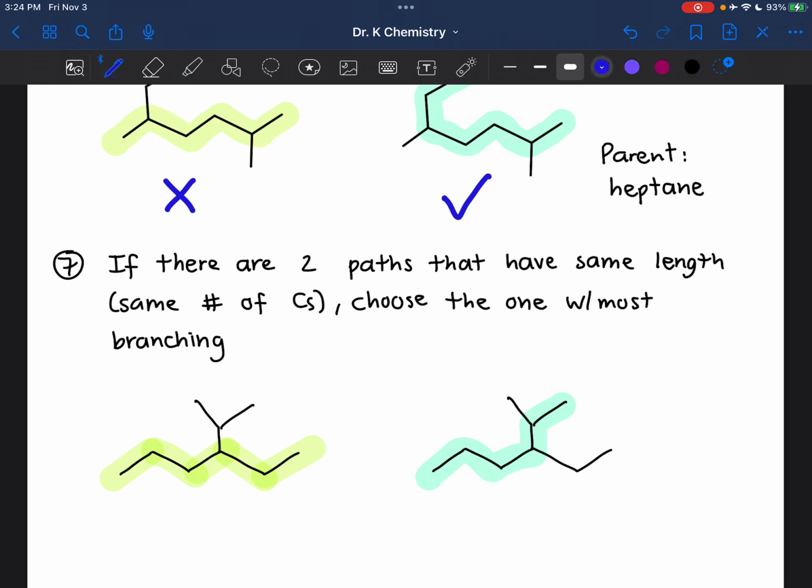And then I have to decide, well, which version do I want to prioritize? In the version on the left, it looks like I have 1 substituent. I would have an isopropyl group there. And I'll just highlight that in a different color. In the version on the right, I have 2 substituents. I would have a methyl group and an ethyl group. And I want the version that has most branching. So this is the version that I would want, not the one on the left.